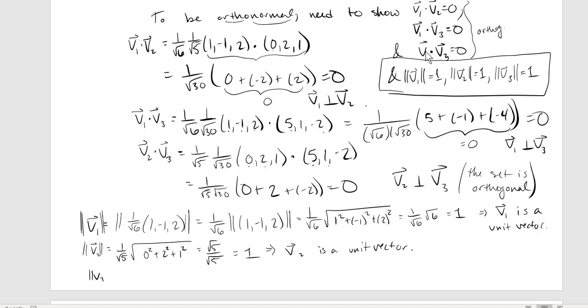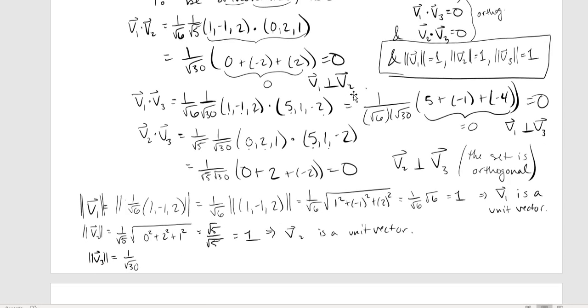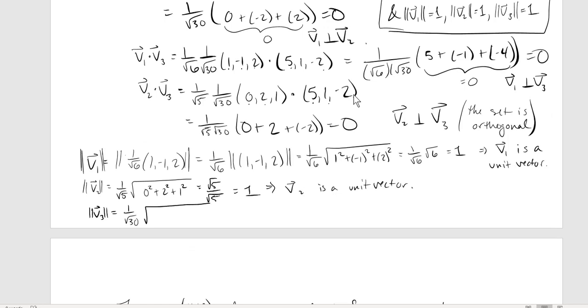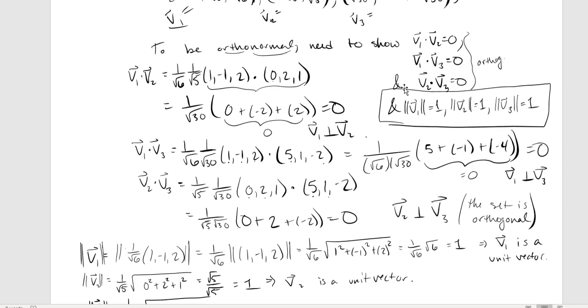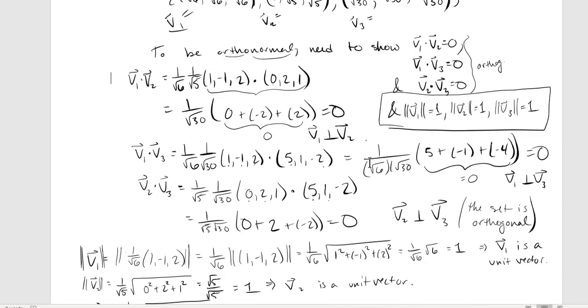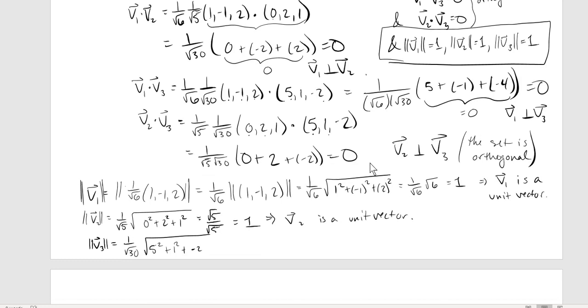Last vector here, V3, looks like that will give me 1 over root 30 times the root of 5 squared plus 1 squared plus negative 2 squared. Looks like that is root 30 over root 30. So V3 is also a unit vector.